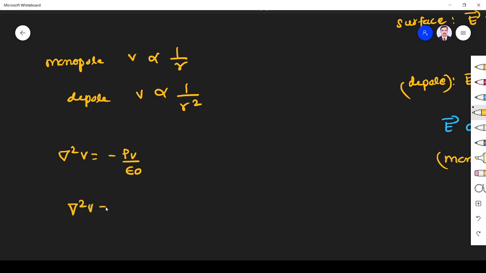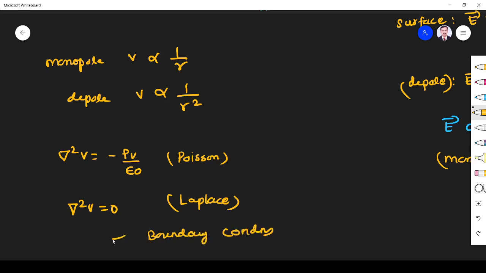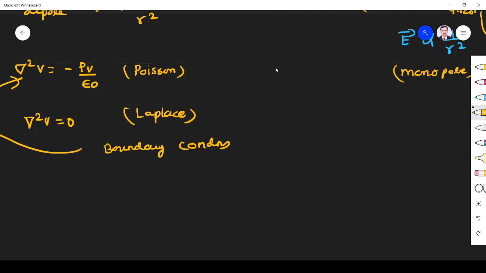Second one is the Laplace equation, del squared V is equal to 0. Right? So whenever we know the boundary condition, we can find potential by using these two.